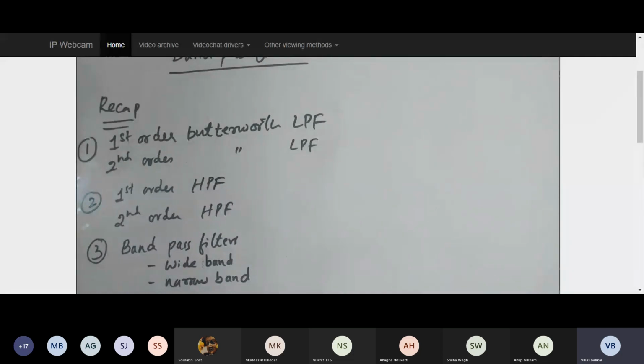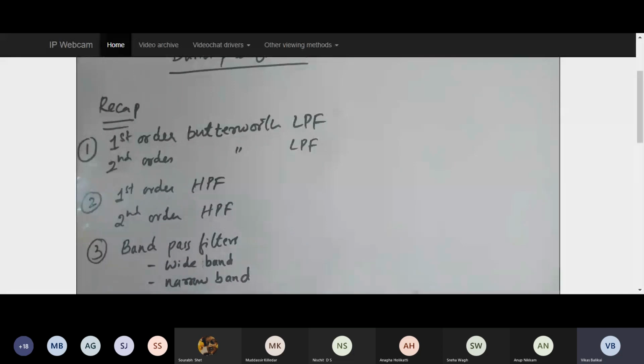So the circuit you should remember, and wherever R and C are connected. You just remember the low pass filter figure. Once you remember the low pass filter figure, for high pass you just swap the R and C. So you just remember the first order low pass filter, and accordingly you remember the R and C values. Once you remember that, you can reproduce the first order high pass filter as well.